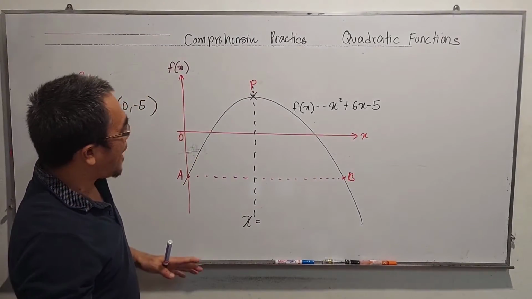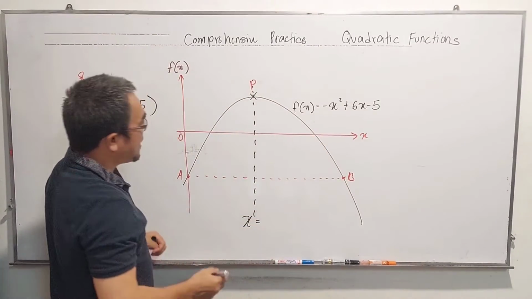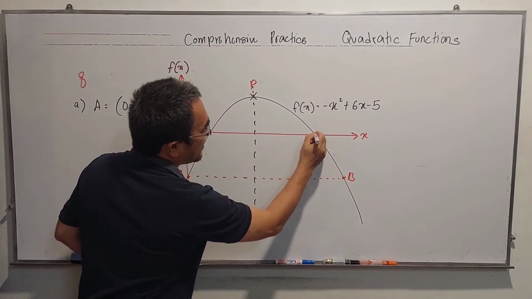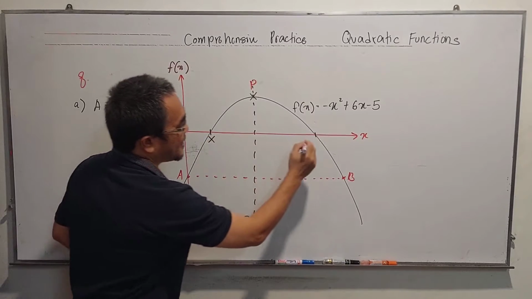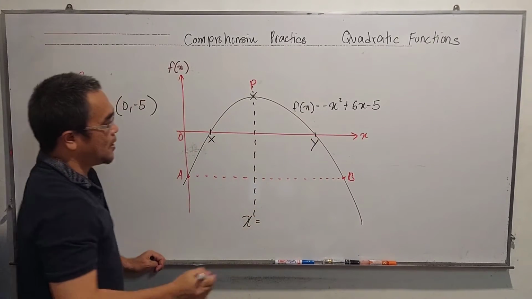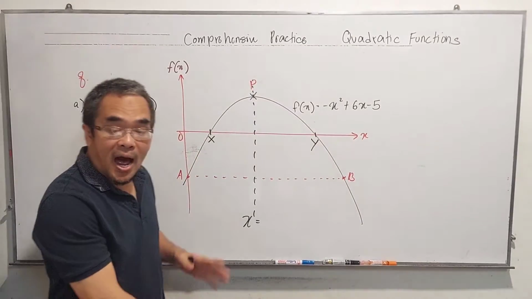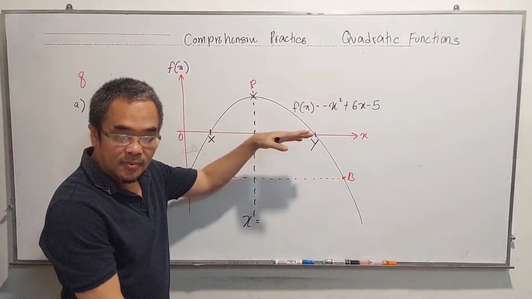In order to do that, if you see the graph here, it intersects the x-axis here and here. So you can label these as x and y. How do we find x and y? They are the roots of the graph.